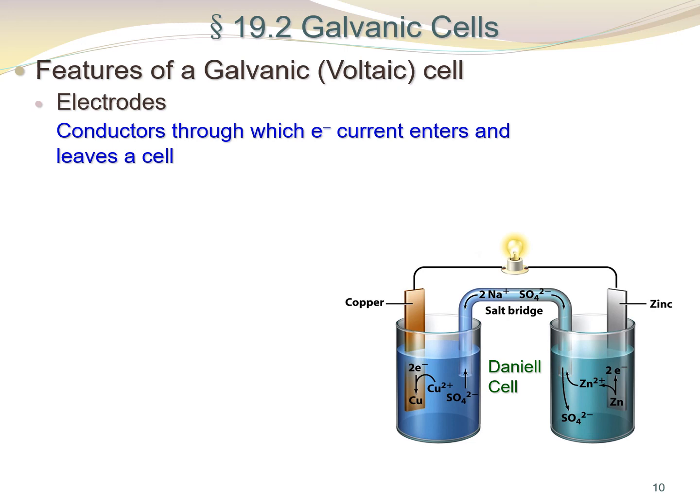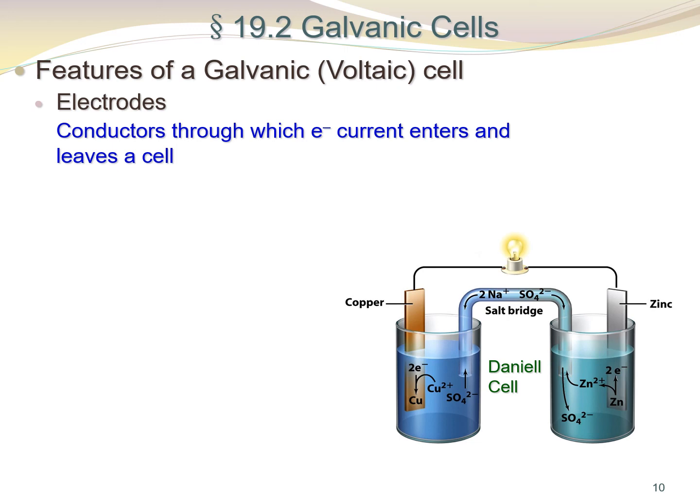In this example, we have copper and zinc reacting together, and as we already discussed, this is a redox reaction called electron transfer. So we can use electron transfer to generate current to become a battery so that it can do work.